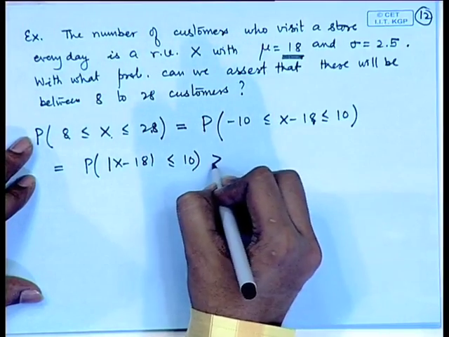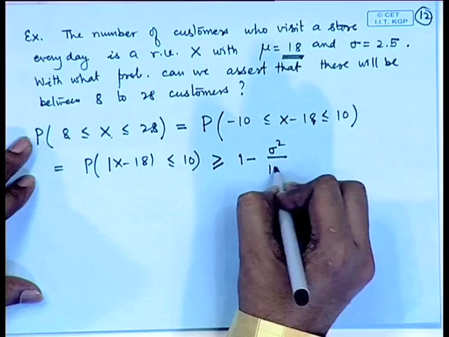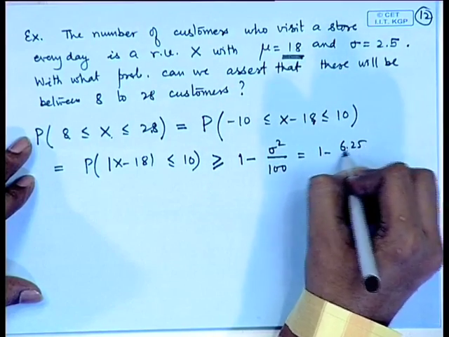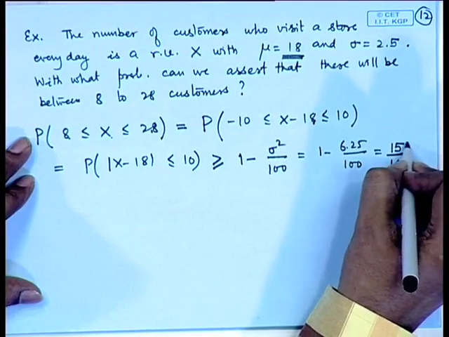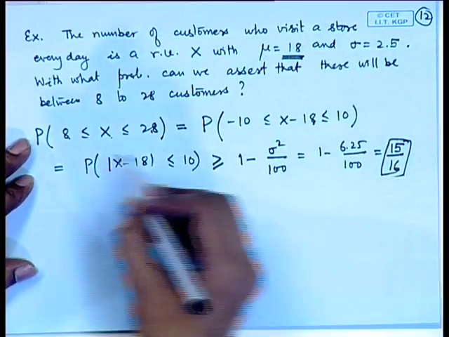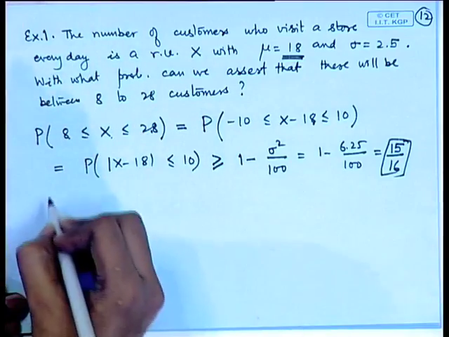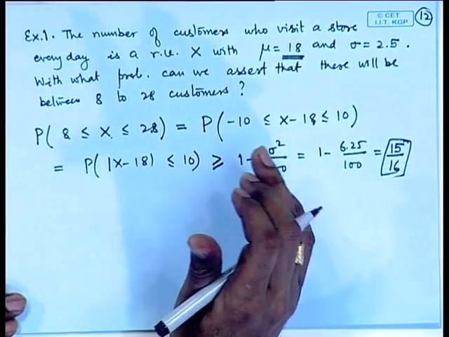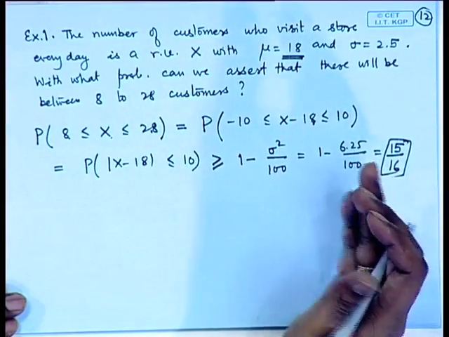By Chebyshev's inequality, it is greater than or equal to 1 minus sigma square by 100, that is equal to 1 minus 6.25 by 100, or 15 by 16. You can see that this is a very high probability for this event to be true. Although we do not have full information about the probability distribution of the random variable, we can tell about a certain probability.